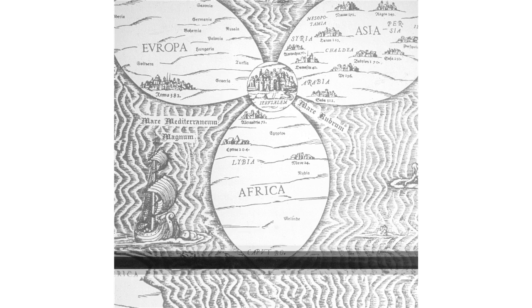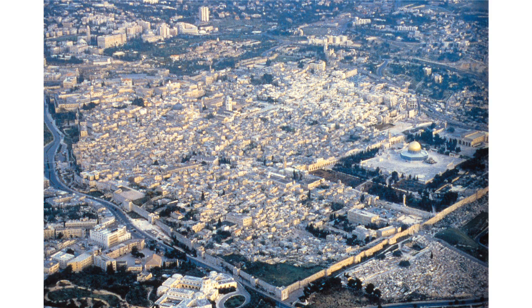Jerusalem is the head of the 3 continents. The Temple Mount, which I will describe in much greater detail as we go on in this class. Next. Oh, we've gone out again.